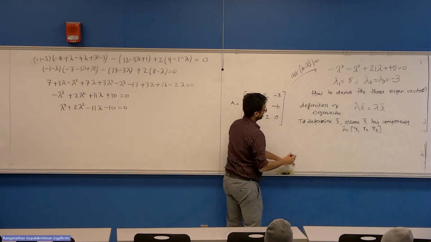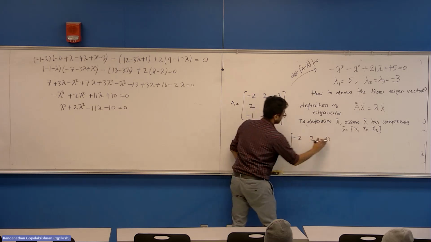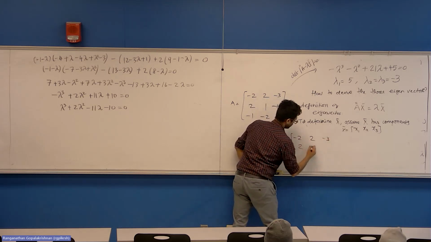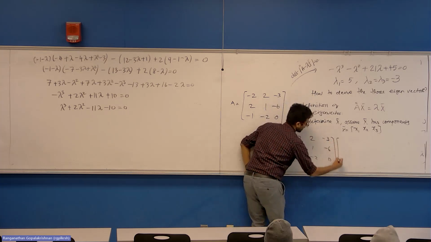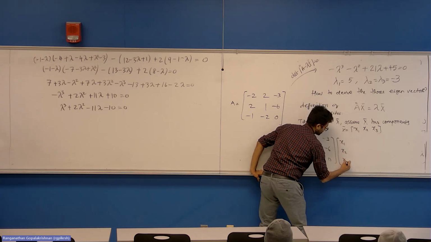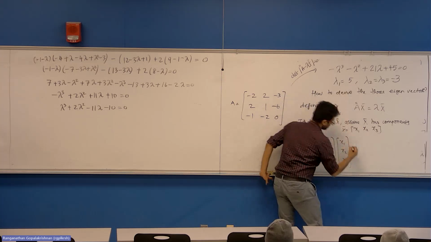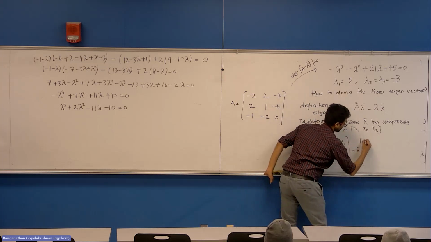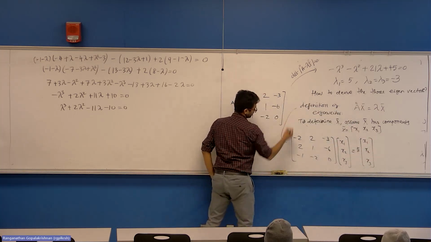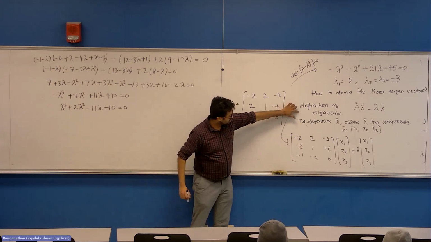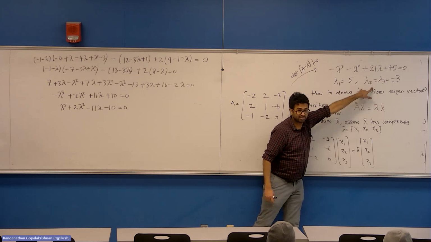All right. So here is A, this matrix here: minus 2, 2, minus 3, 2, 1, minus 6, minus 1, minus 2, 0, multiplied by x1, x2, x3 is equal to, what is the lambda one we are considering here? 5 times x1, x2, x3. This is the literal implementation of the definition with lambda taking the value 5, and for the next eigenvector lambda will take the value minus 3 and so on.